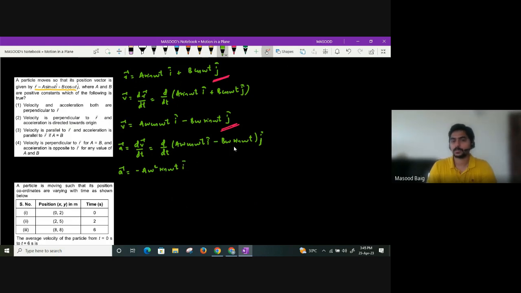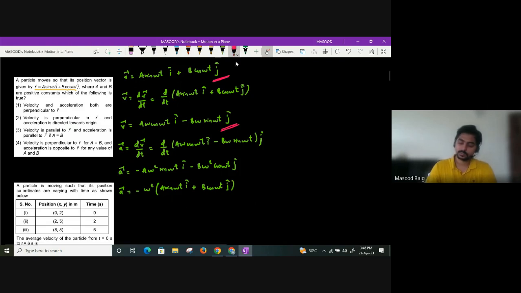Sine derivative will be again cos, so I can write it as minus b omega square cos omega t j cap. Sorry, minus only. So I can write a bar value as minus omega square, if I take common, a sine omega t i cap plus b cos omega t j cap.